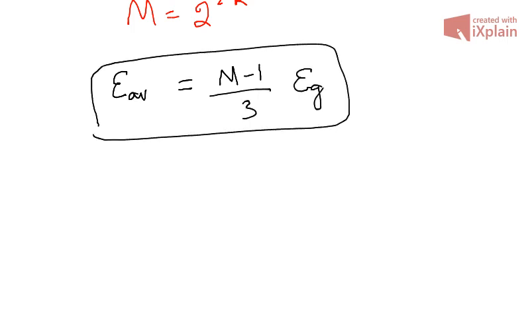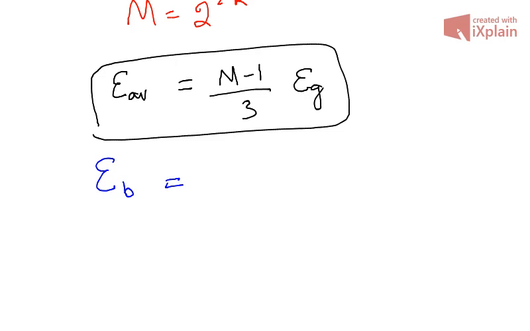Now when we have the expression for average energy, we are always interested. If you have the expression for the average energy, which we said is (M minus 1) over 3 Eg, we are always interested in finding out the average bit energy, which we represent by Eb.